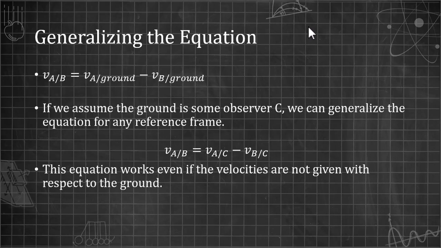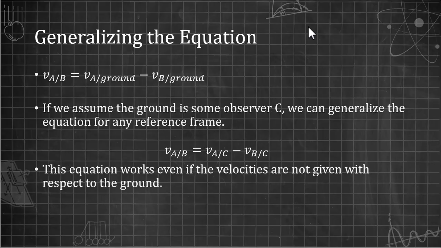Now we'll further generalize this equation. The ground is just a stationary reference frame. So if we want to replace the ground with some arbitrary letter, we could call it observer C. If we do that, we can see that the velocity of object A relative to object B is equal to the velocity of object A relative to some other reference frame, in this case the ground, but we're calling that C, minus the velocity of B relative to that same reference frame.